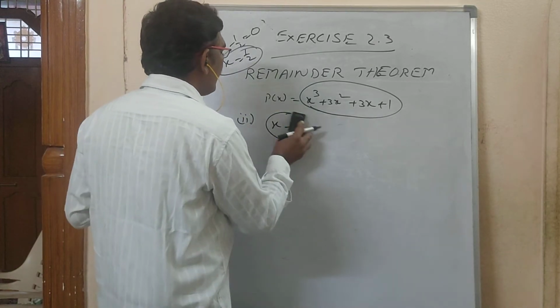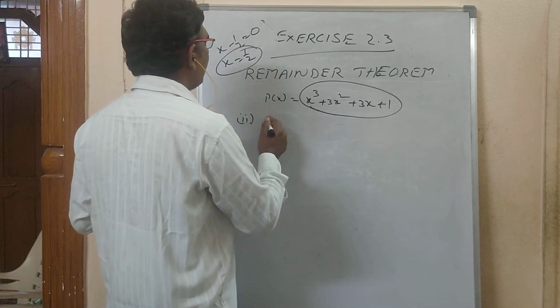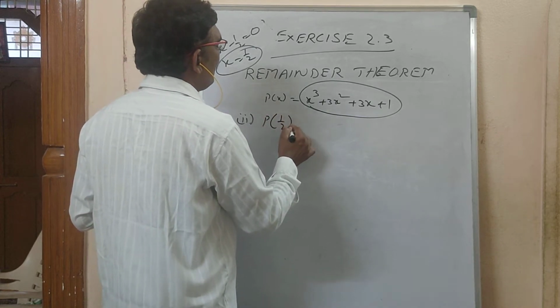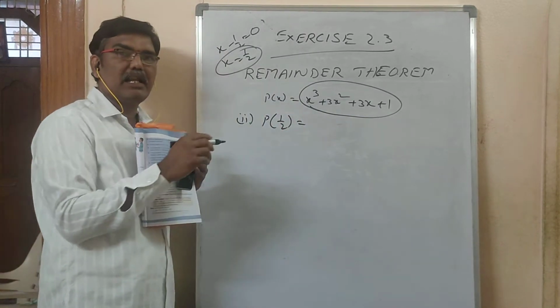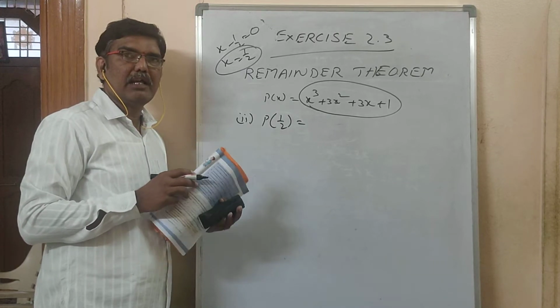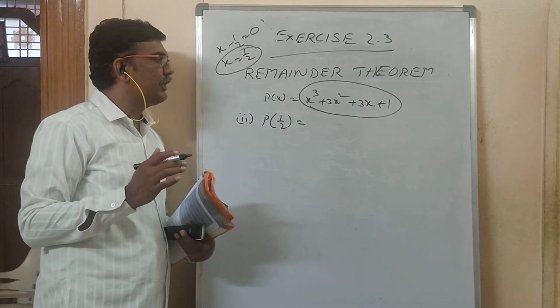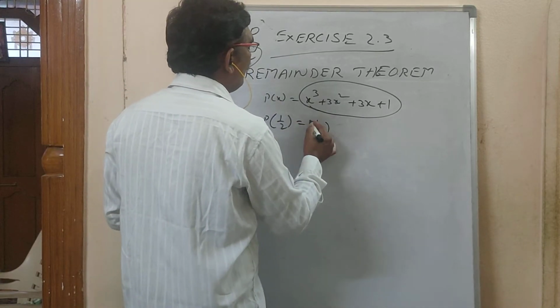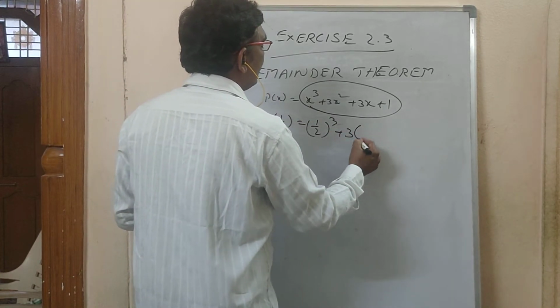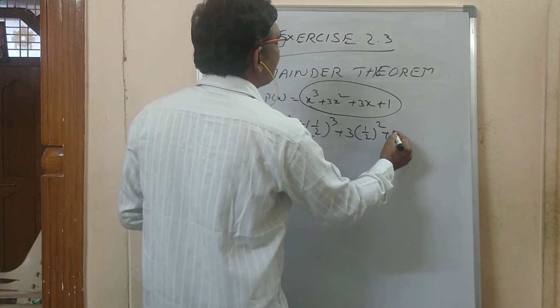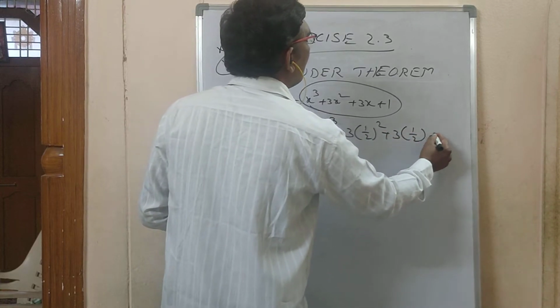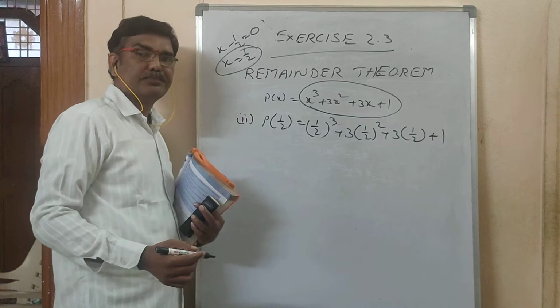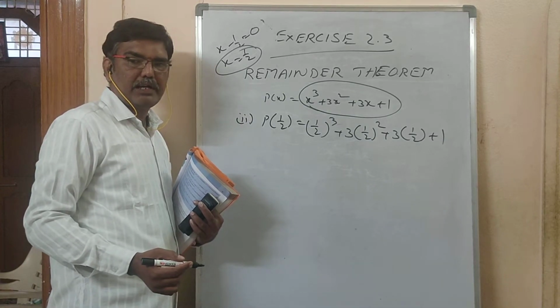So in place of x, substitute 1 by 2 in RHS and LHS. Then you are getting 1 by 2 whole cube, 3 into 1 by 2 whole square, 3 into 1 by 2 plus 1.